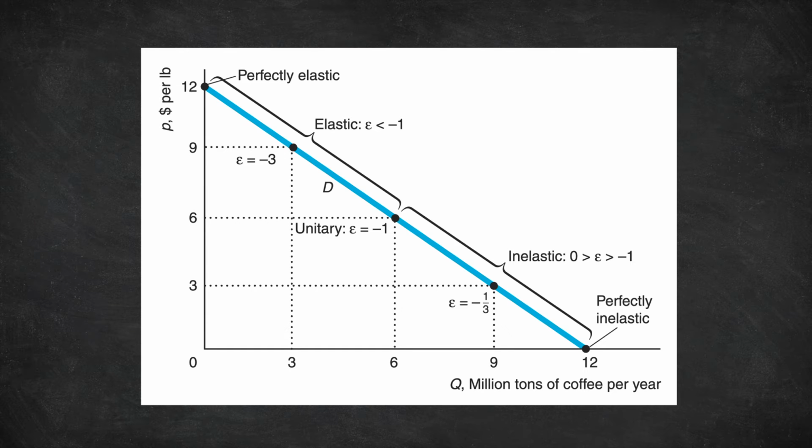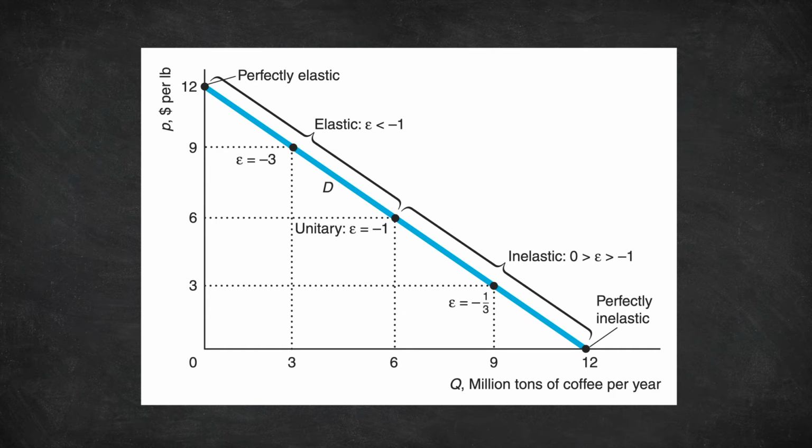So for instance, when the price is 9, we can use the formula, allowing A equals 12 and B equals 1, to determine that the quantity demanded is 3. And so using our formula for elasticity, the elasticity will be minus B, which is 1, so minus the price divided by the quantity, which is minus 3.